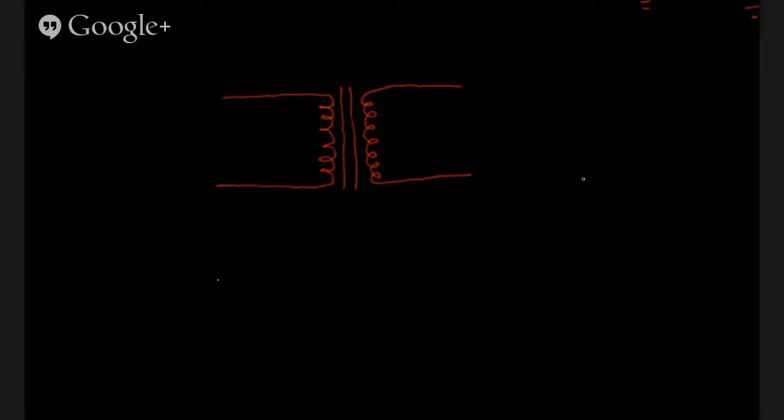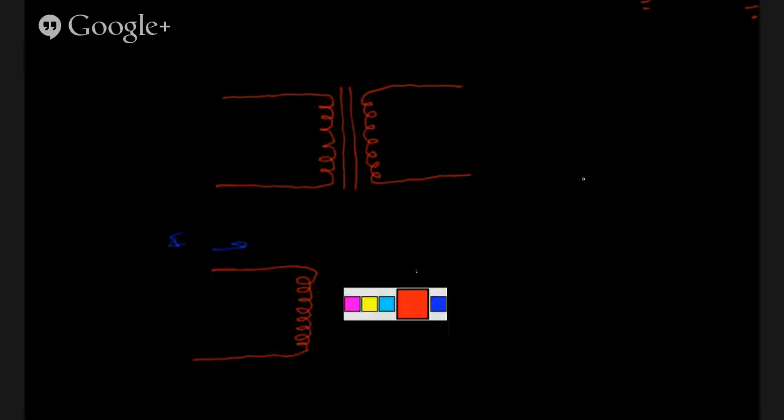And we know that creating a coil like this and applying a current, it will just go there. It will induce a magnetic field.